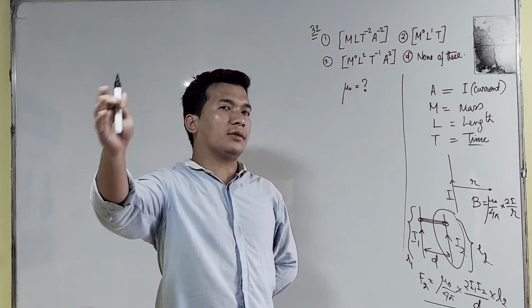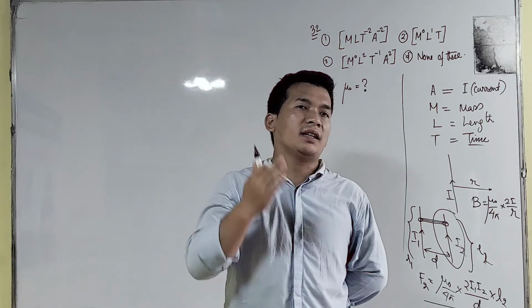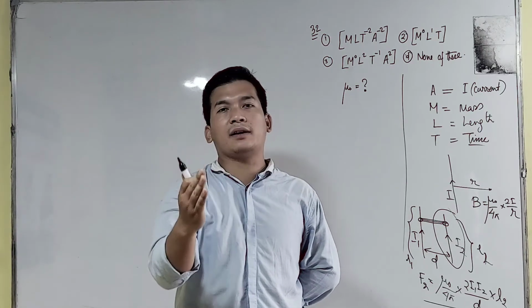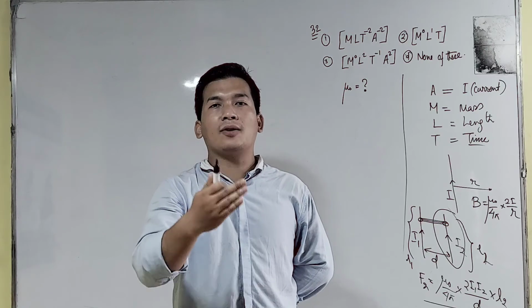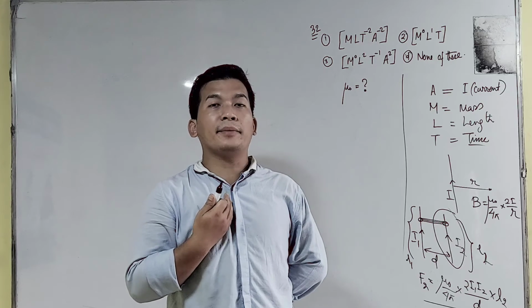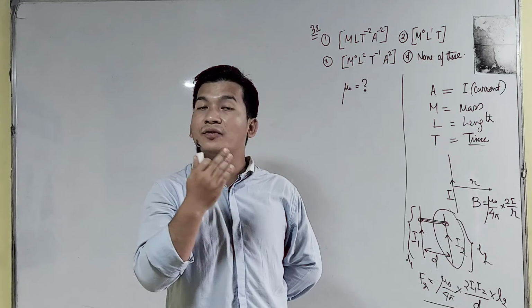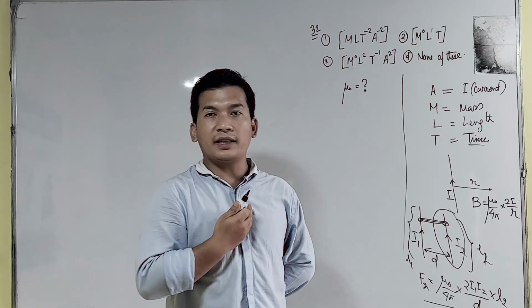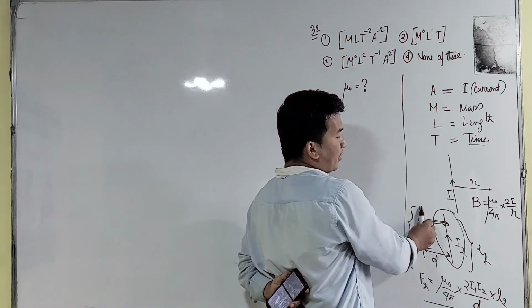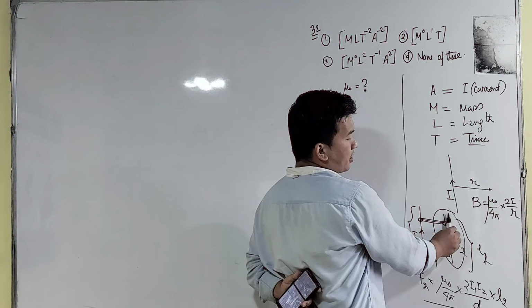If current flows in a wire, the wire can now be considered as a magnet. Between two magnets there may be a force of attraction or there may be a force of repulsion. You should not forget this. This current carrying wire is also a magnet.